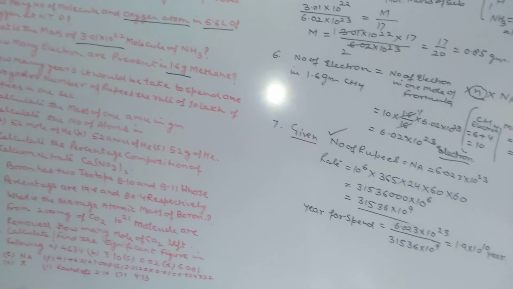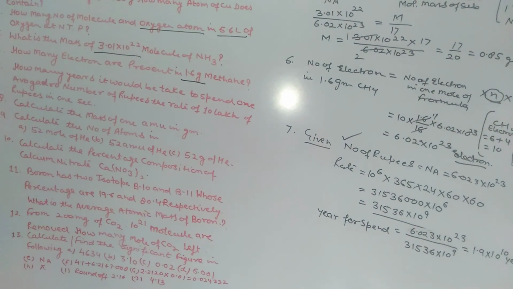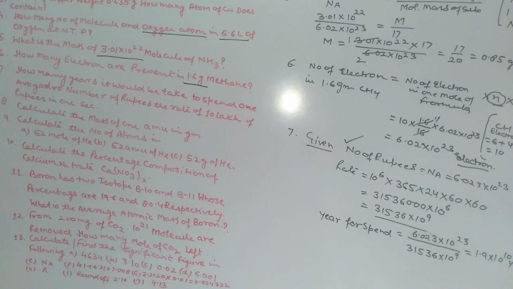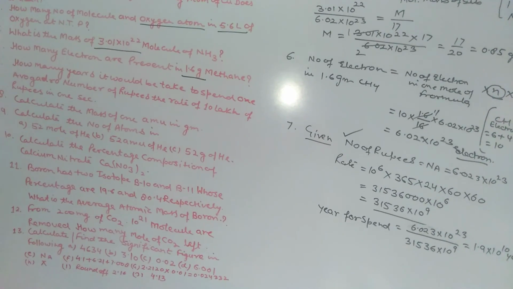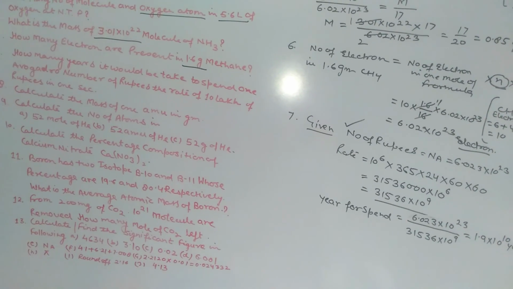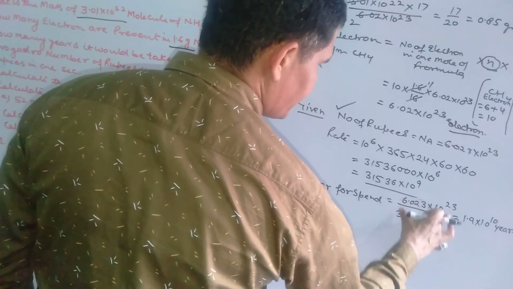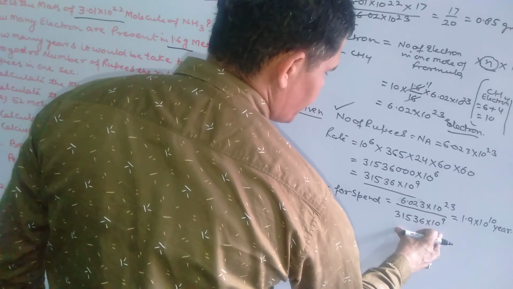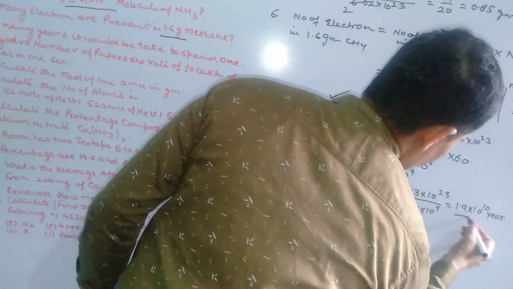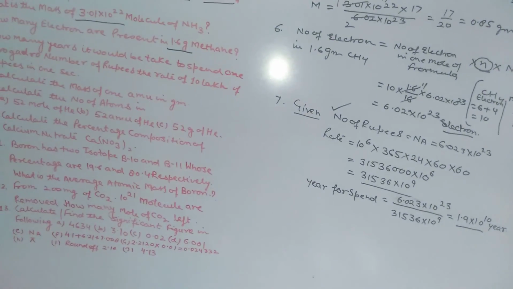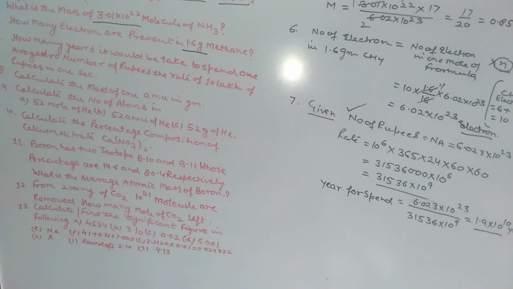This much time would be taken to spend the Avogadro number of rupees at the rate of 10 lakh rupees per second. How much value is spent and the rate at which it is spent gives the time taken to spend. Next question is 8.